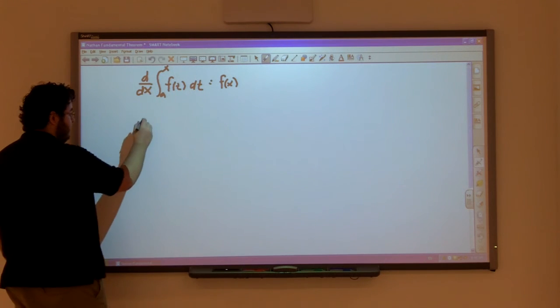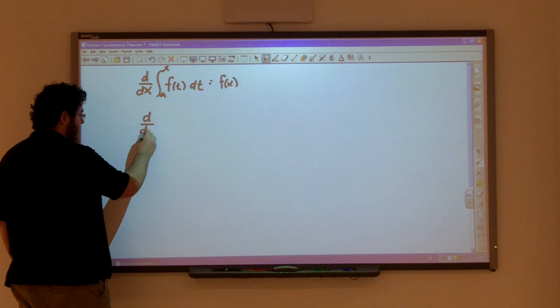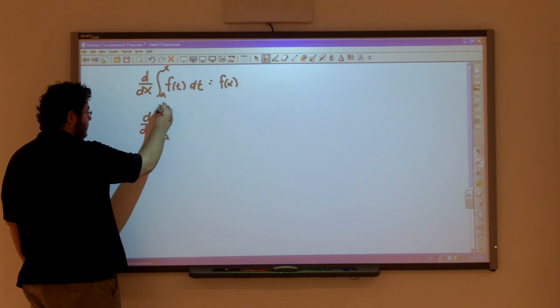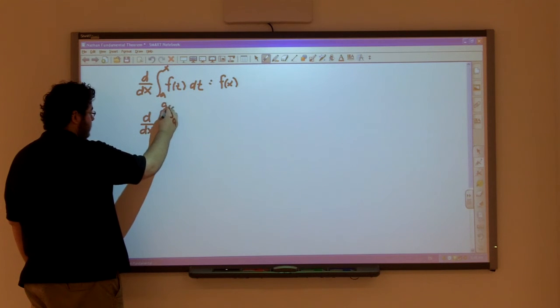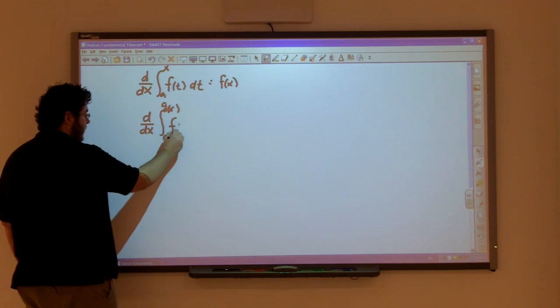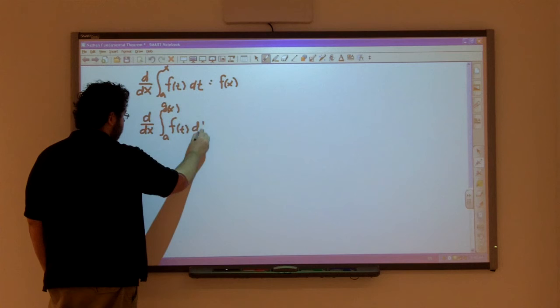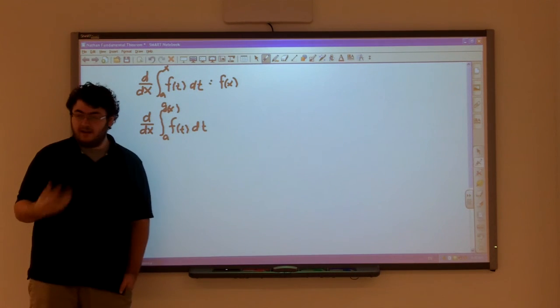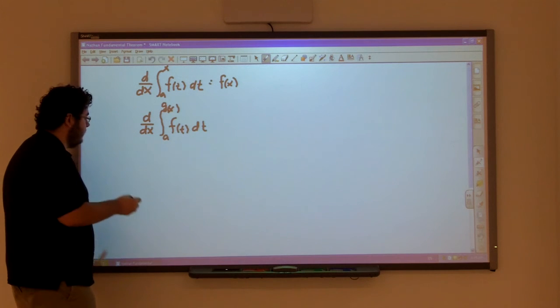Let's do just a general example real quick. What if I wanted to know the derivative of the integral from a constant to a function g of x of f of t dt? Let's see how to work this out. If we can work out this general problem, we can work out an example.